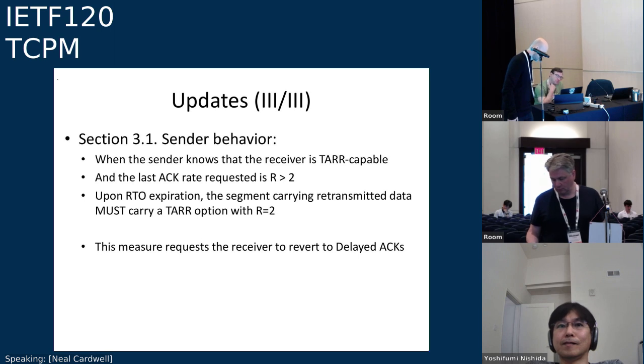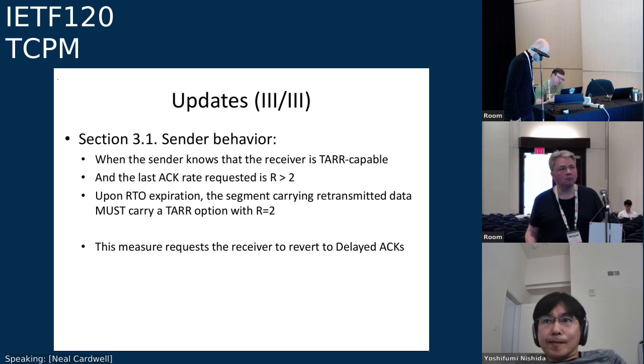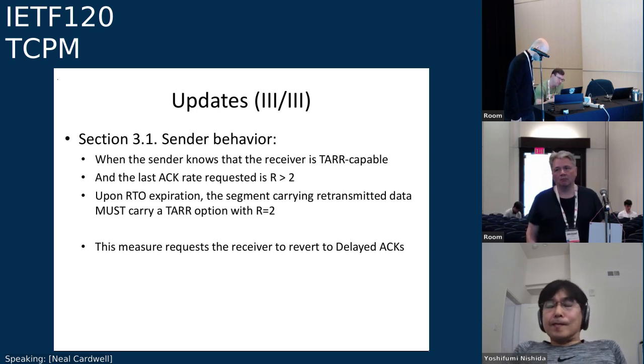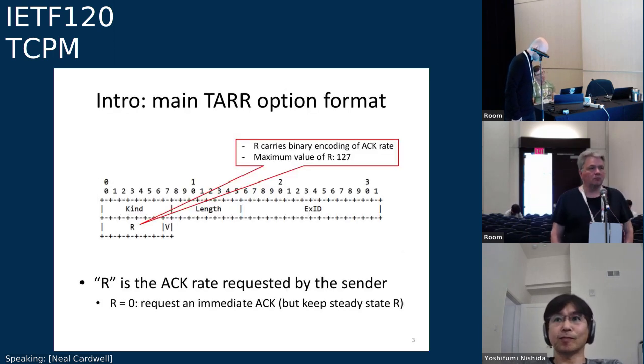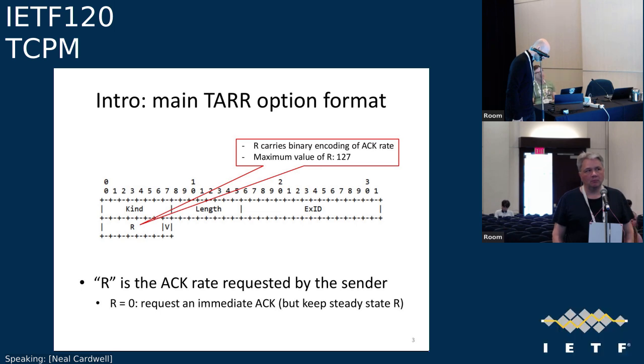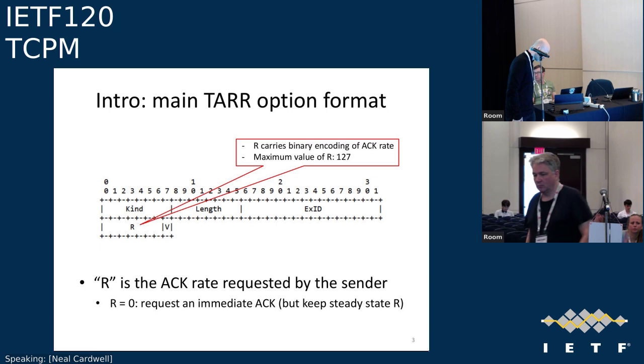If we're going to the trouble of having an explicit signal asking the receiver to optimize their ACK behavior, I would suggest that after a retransmission timeout, for the first packet you send, you ask for an immediate acknowledgement, maybe a TAR R value of 1. Then as you increase your congestion window, you could gradually increase the R value. I would encourage the text to be sensitive to the fact that after retransmission timeout the congestion window is usually 1, and if you use R equals 2, you're probably going to invite 200 milliseconds of latency when you didn't need to.